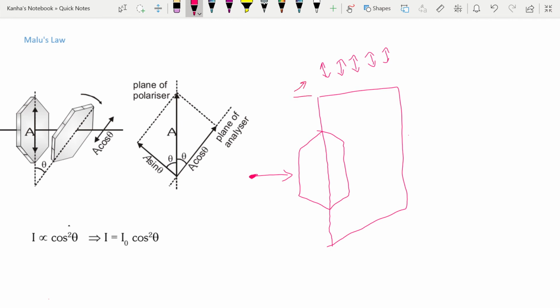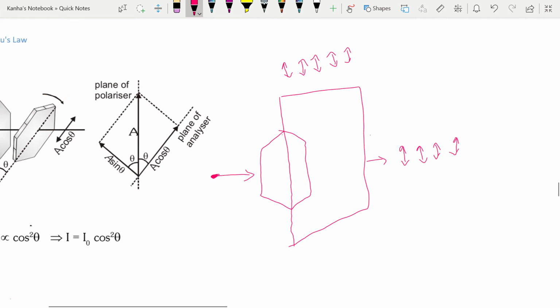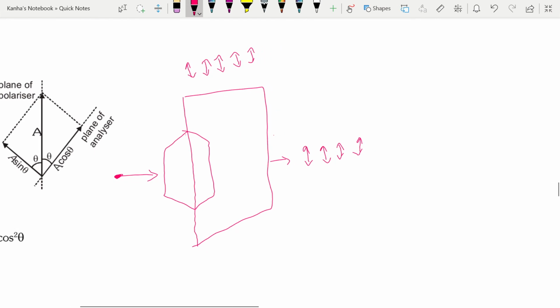So if there are directions something like this or perpendicular to it, it will just block them out. It will not allow them to pass. What comes out is light in the preferred plane of the polarizer. If my second polarizer has the same axis, then these will not be blocked, they will easily come out.